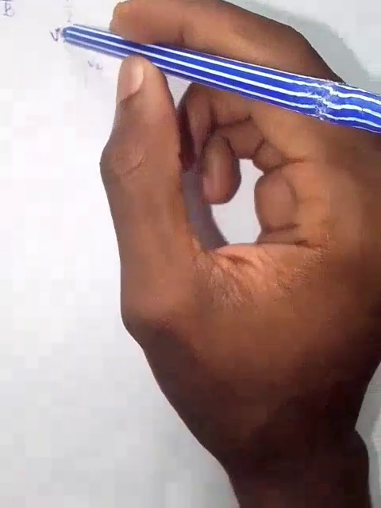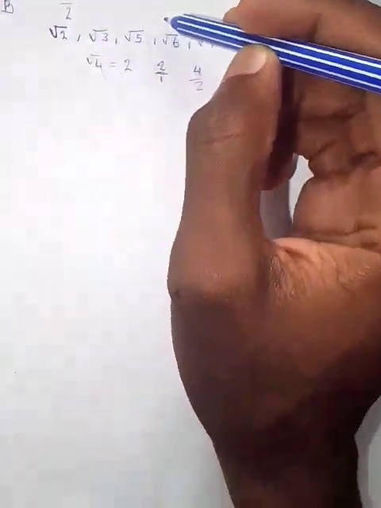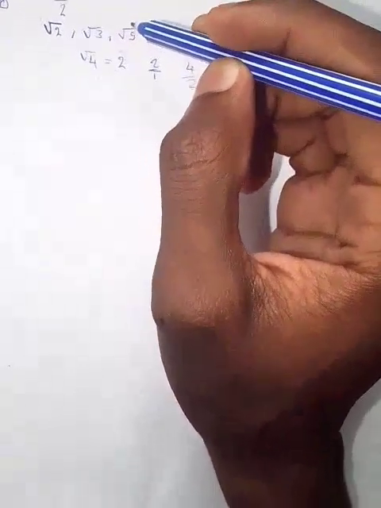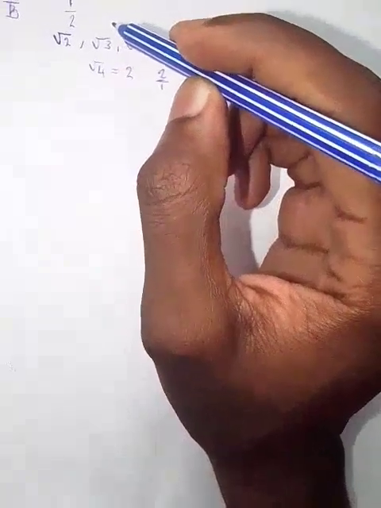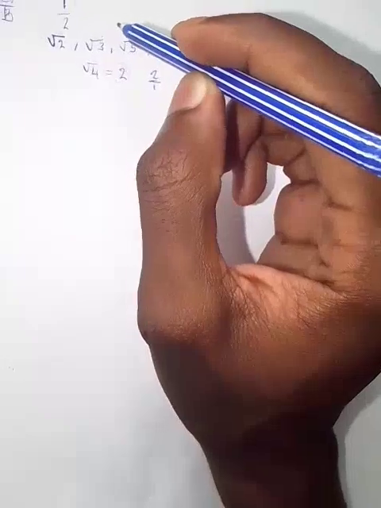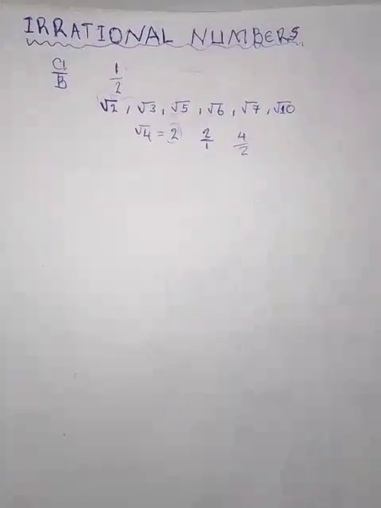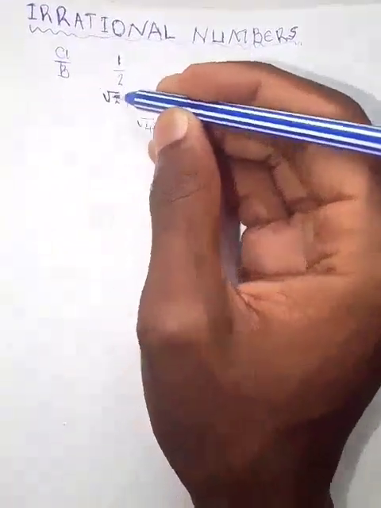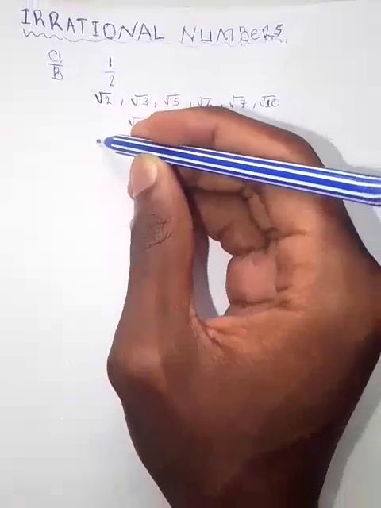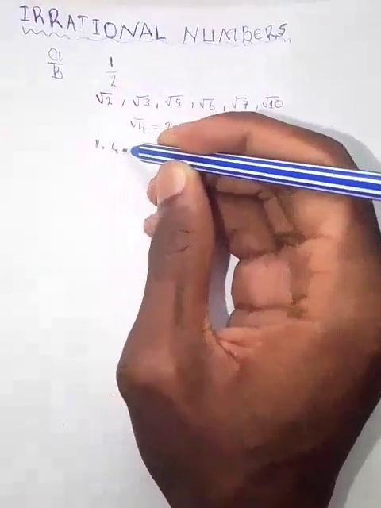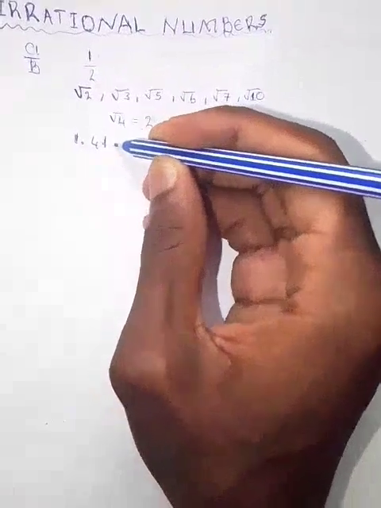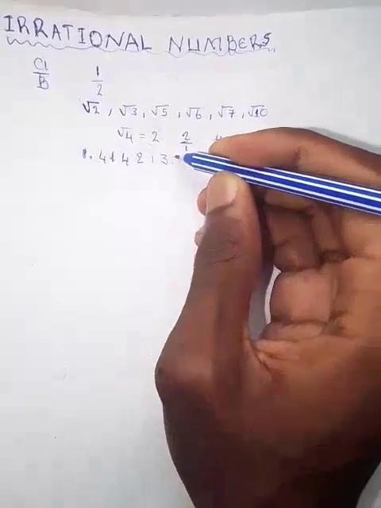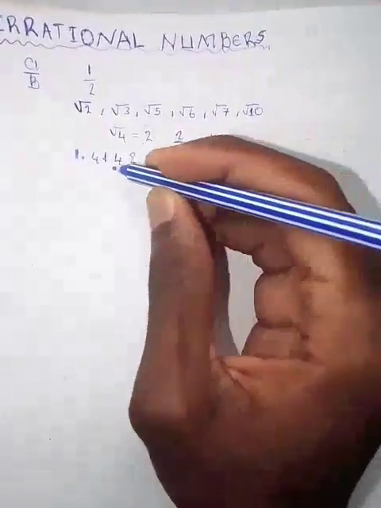But they can be left in decimal form, although it's not always the case that a number left in decimal form can also be expressed in fractional form. It is not all the numbers. For instance, if we were to write the square root of 2 in decimal form, it is going to be 1.4213562, something like this.